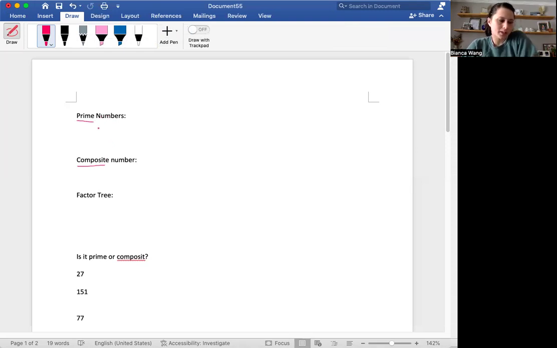If I were you, I would take out your notes and write down a few things, like what I've written. A prime number, let's write down the definition. It is a whole number that can only be divided by one and itself, or can only be factored by one and itself.